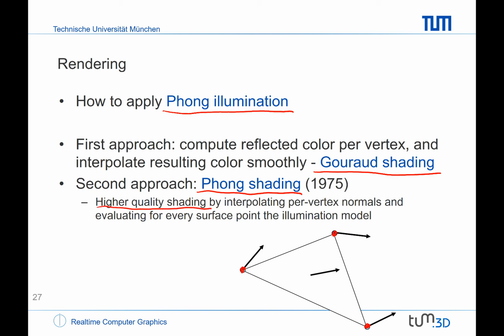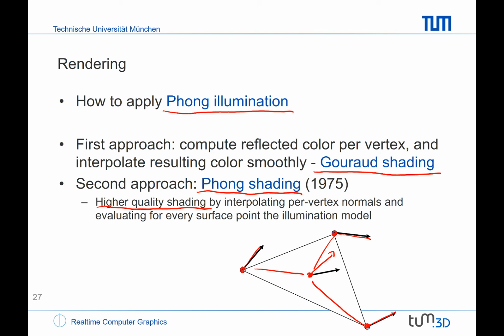What we do is we first let the per vertex normal vectors be interpolated to our surface point in the interior. That gives us an interpolated normal vector. And then with this interpolated normal vector, we evaluate the Phong illumination model.